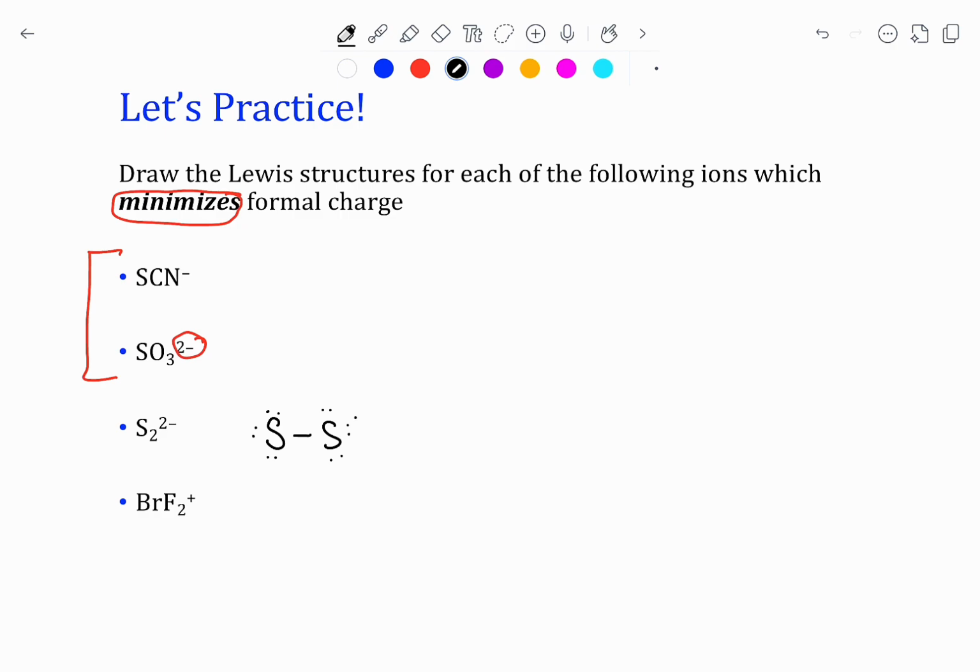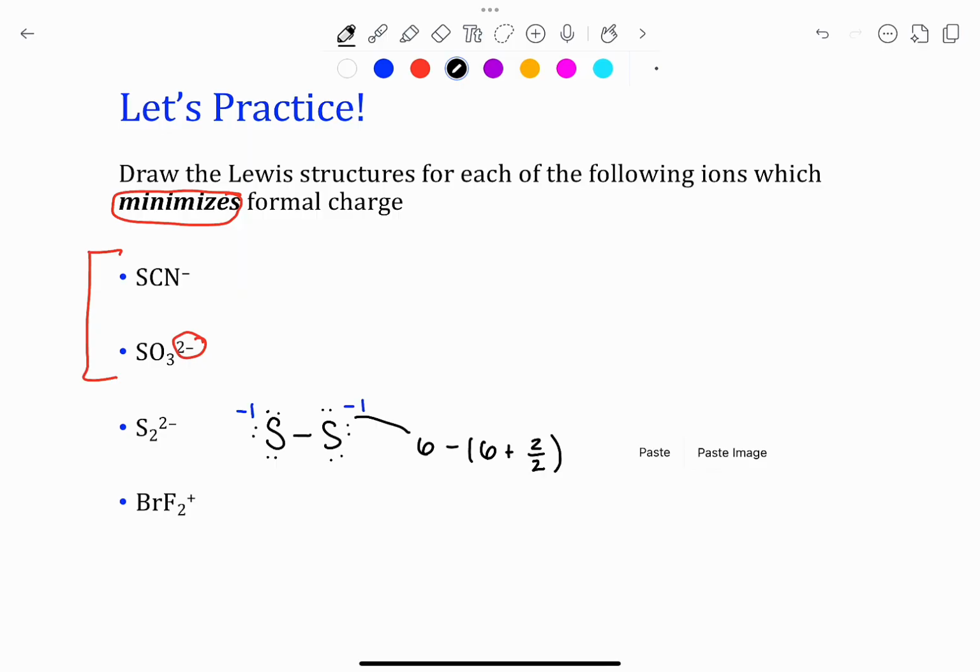Each S is going to have 6 valence electrons minus 6 lone pair electrons, minus 2 electrons in bonds divided by 2. So that is going to be 6 minus 7. So they each have a formal charge of minus 1. Their setup is the same: 1 bond, 6 lone pairs, so their formal charge is going to be the same. If we add those two numbers up, we get that 2 minus charge as we would expect.